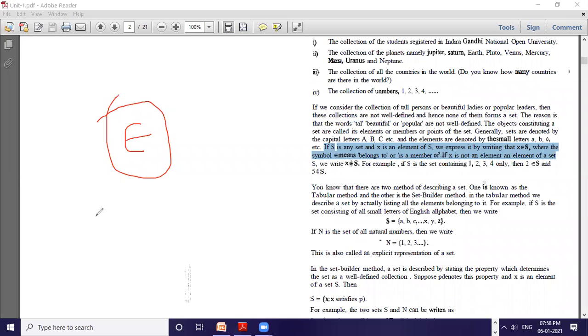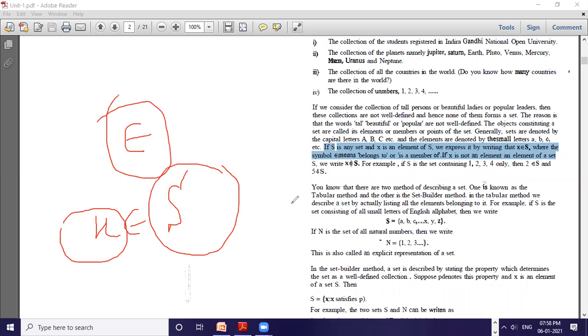So x belongs to S. इसका मतलब ये है कि x, S में belong करता है. मतलब x जो element है वो S set का member है. ठीक है. अगर suppose y इस set S में नहीं है, if y doesn't belong to this set S, then we'll write it like this.